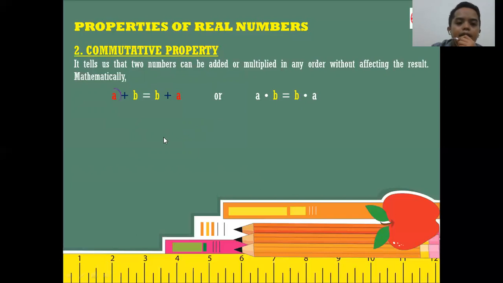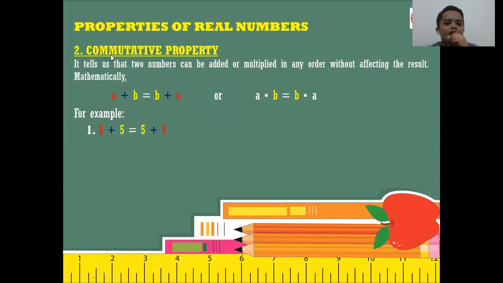So for example, this is what I said a while ago. The A really moves. Same with B. And for multiplication, A and then B. Now, for example, 8 plus 5. By commutative property, it will become 5 plus 8.